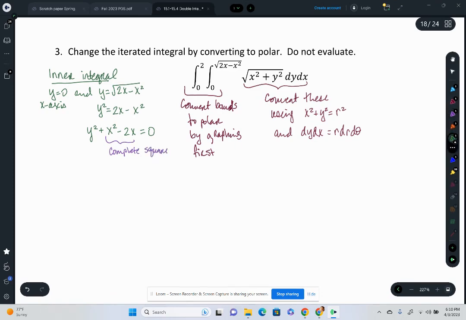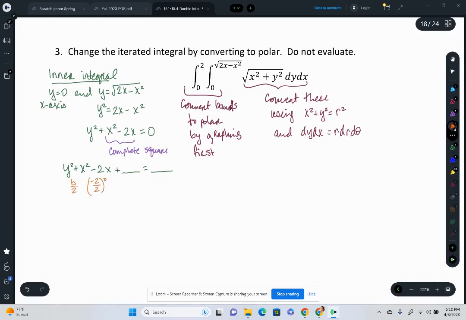Let me just write it out. We've got y squared plus x squared minus 2x plus whatever number I need in order to complete the square. But if I add something to the left, then I better add it to the right as well. So that value there is going to be minus 2 over 2 all squared.